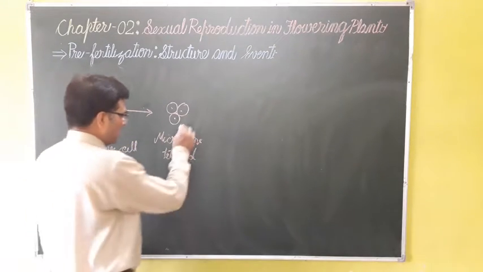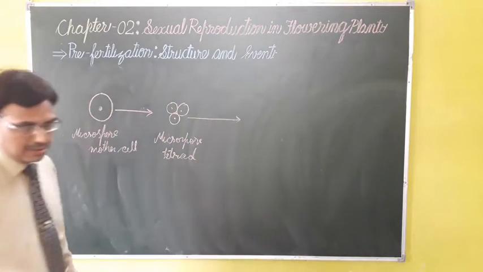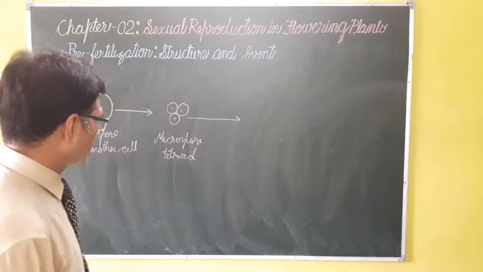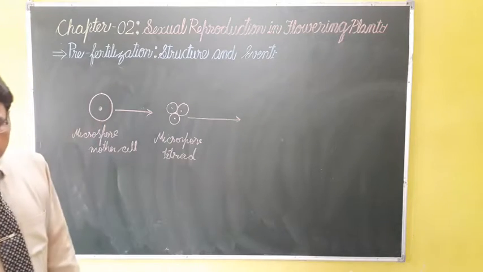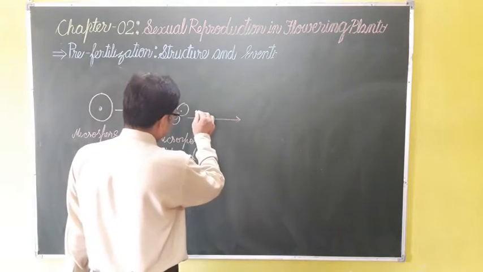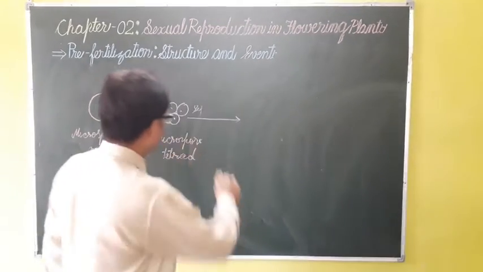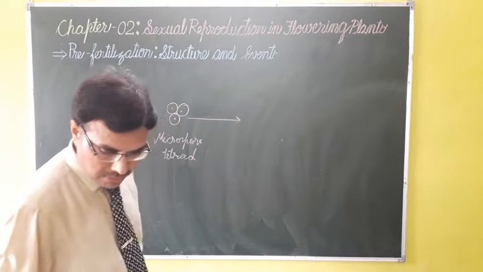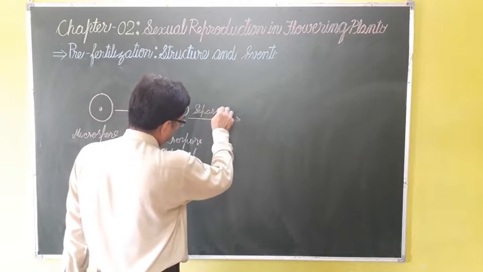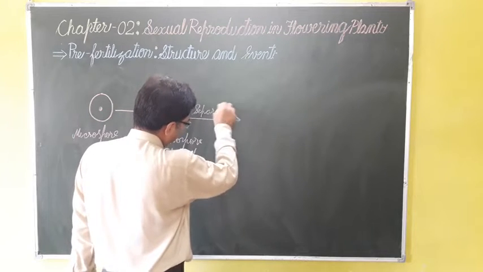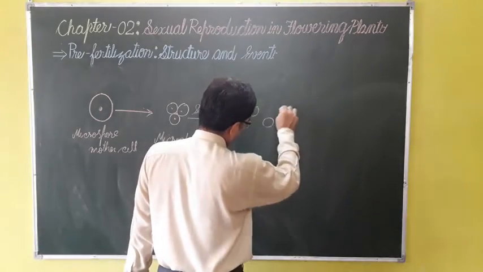Now this microspore tetrad, when the anther becomes mature, these microspores separate. Now 1, 2, 3, 4.